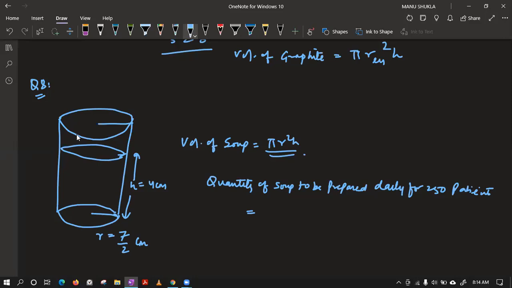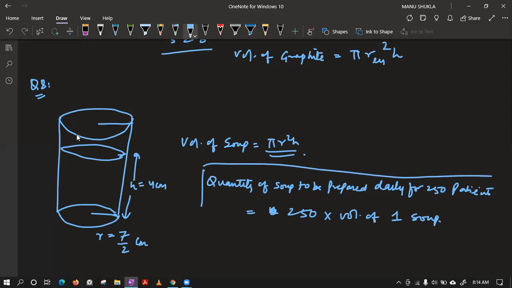If I want to write the statement, that will be equal to n, that is the number of glasses. Class, how will you find? n is given to us already, 250. 250 multiplied with the volume of one soup. If you use this equation, you can find the answer easily.